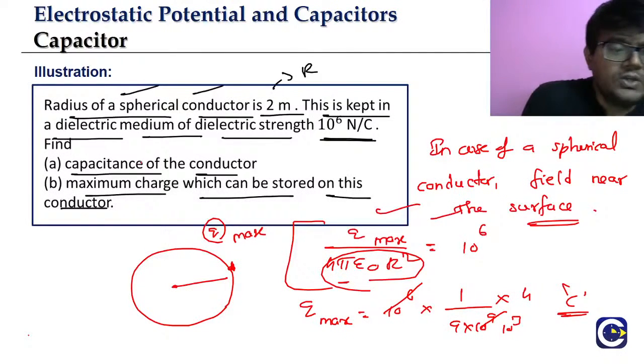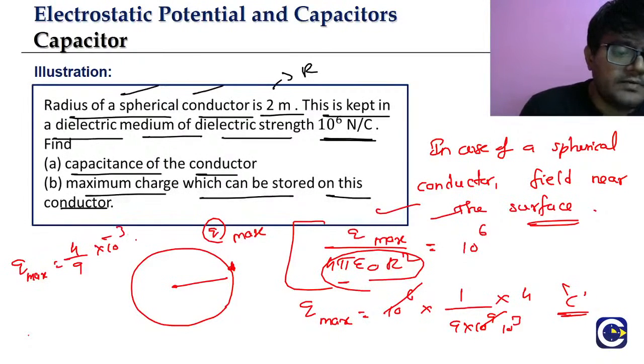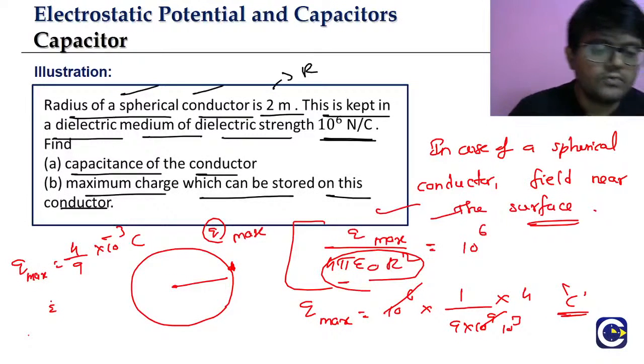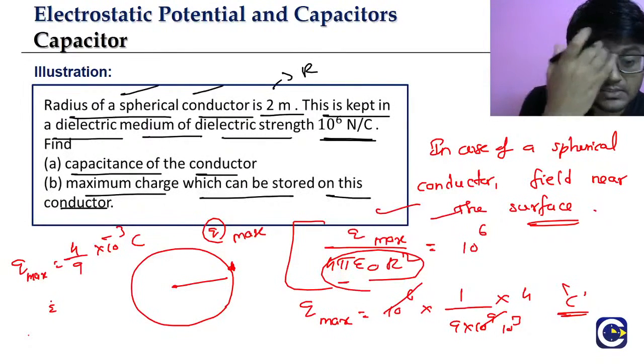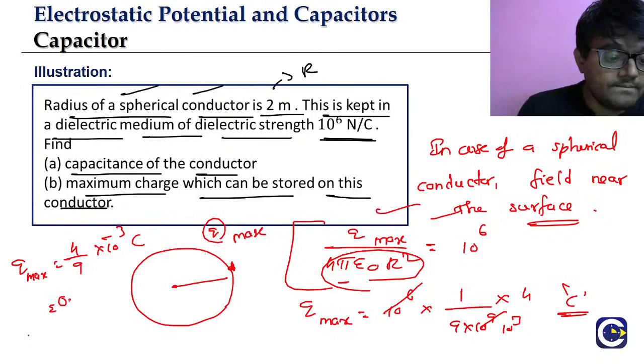Q max ஓட value என்ன தெரியுமா? What is the Q max value? 4 by 9 into 10 power minus 3 coulombs. 4 by 9 சொன்னா what is it? 0.44 millicoulombs பாருங்க.